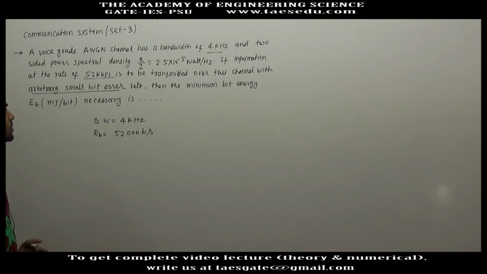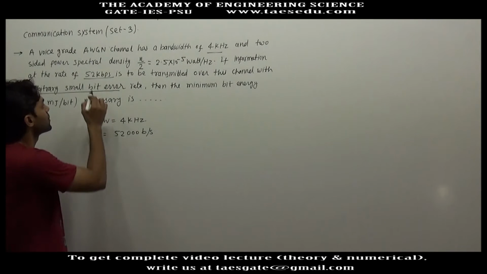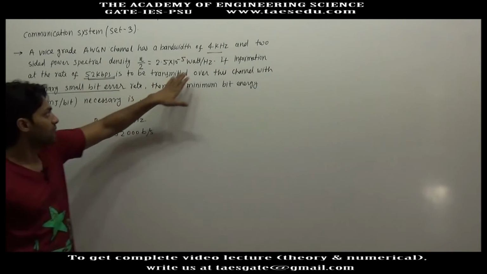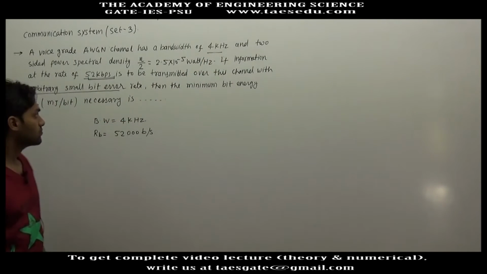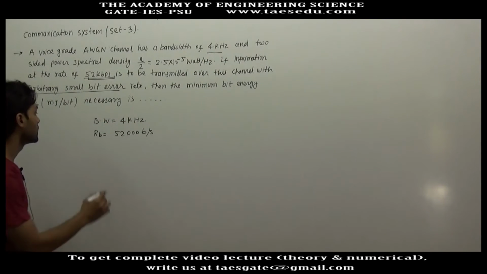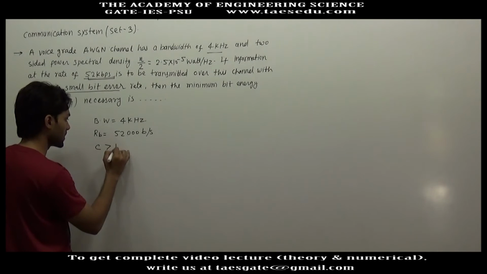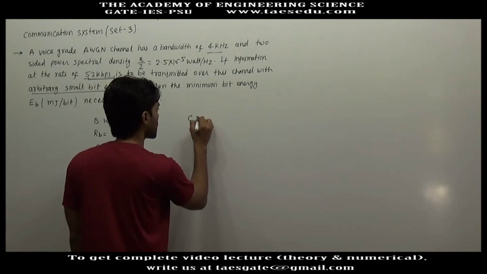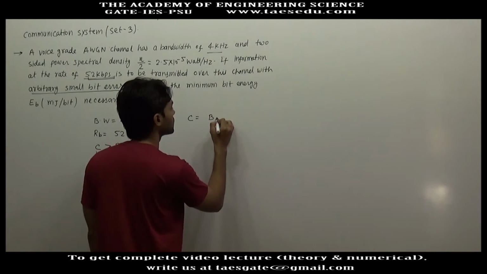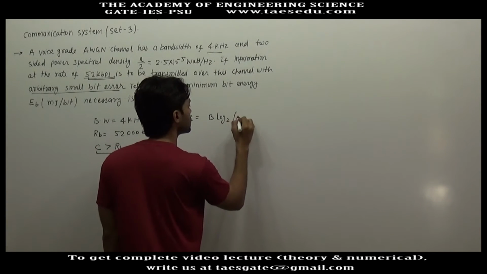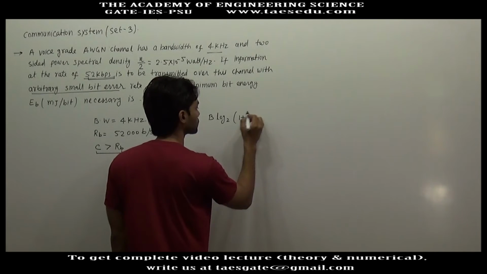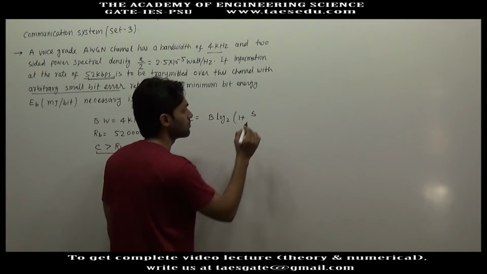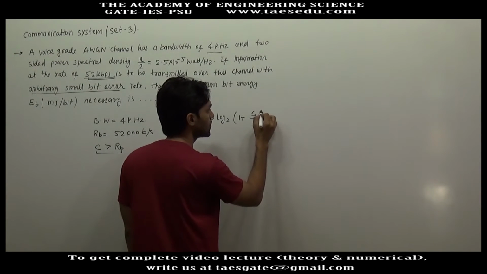So if you want information at this rate to be transmitted over this channel of bandwidth 4 kilohertz with arbitrarily small error, the channel capacity has to be greater than the bit rate, and the formula for channel capacity is bandwidth times log base 2 of 1 plus signal to noise ratio, meaning signal power divided by total noise power.